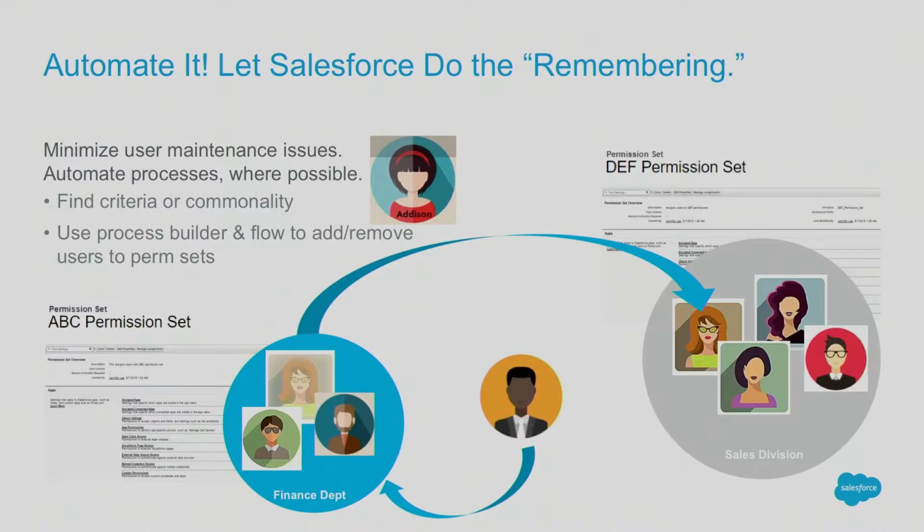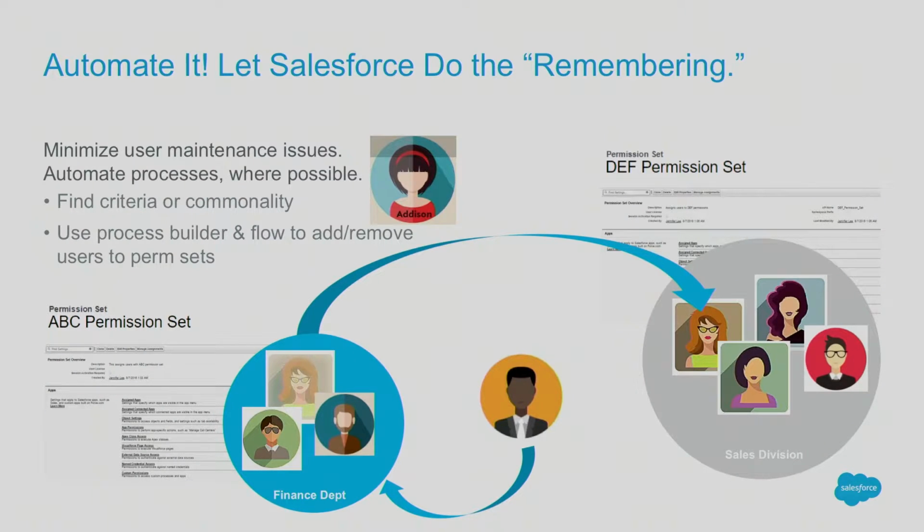So what Addison ends up doing is she found a way to do this declaratively and have Process Builder and Flow add and remove users from a permission set and have Salesforce do the remembering instead of humans. So she found commonality. So for the ABC permission set, we have user equals finance.